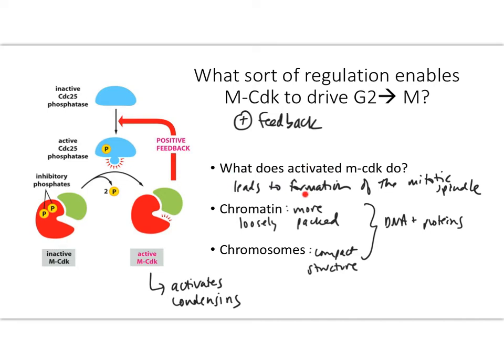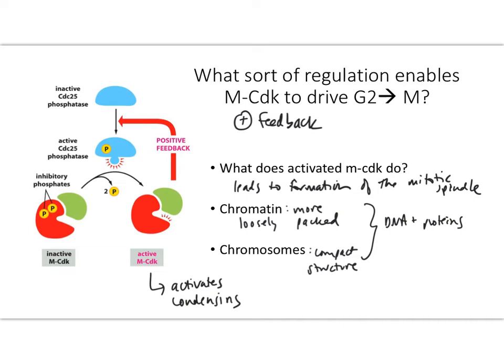So let's talk some more about what M-Cdk actually does. Indirectly, it leads to the formation of the mitotic spindle. The main event that takes place is that M-Cdk is going to activate another protein complex, which is called condensins. And you'll see some more about that later. Here, what I want you to know is that a requirement for forming the mitotic spindle is that chromatin, which is made up of DNA and proteins, a loosely packed kind of spaghetti structure, is packed, but not super tightly.